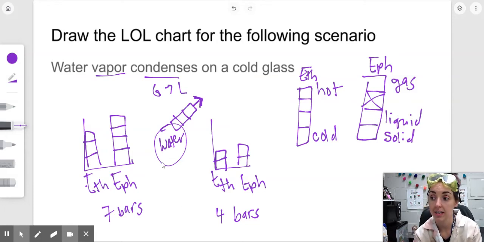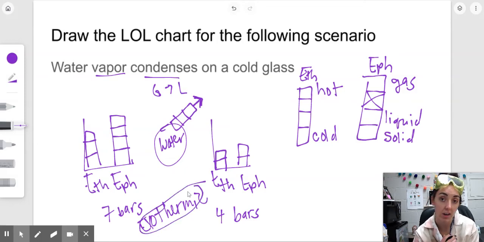When energy leaves the system, we call that exothermic. So this transformation of water vapor condensing on a cold surface is exothermic. Energy exits the system, or heat, thermal heat exits the system.